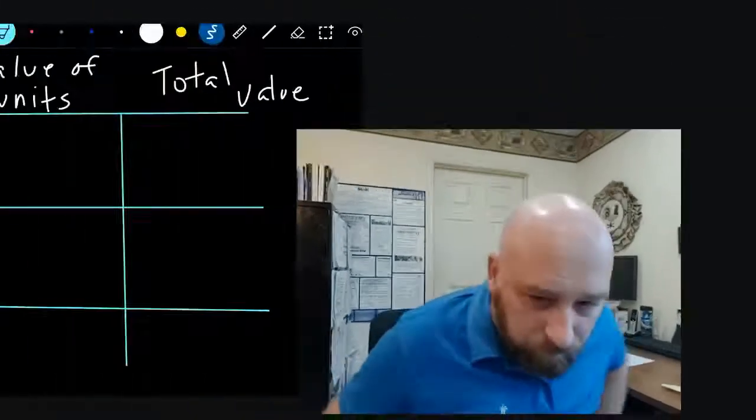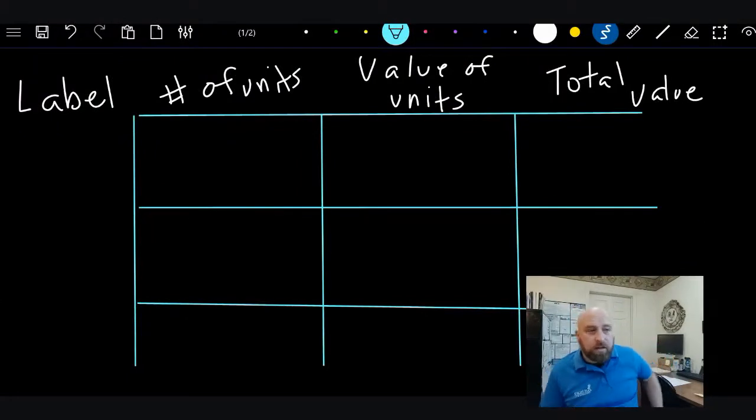And whenever we use these, if you look down at the screen, we use something called a chart. What the chart does is it helps us to organize, and when we get organized with our information, it helps us to see it a little bit more clearly. So here's our chart. The first thing that we have is our labels. Our labels are the name of what we're using, oranges and apples.